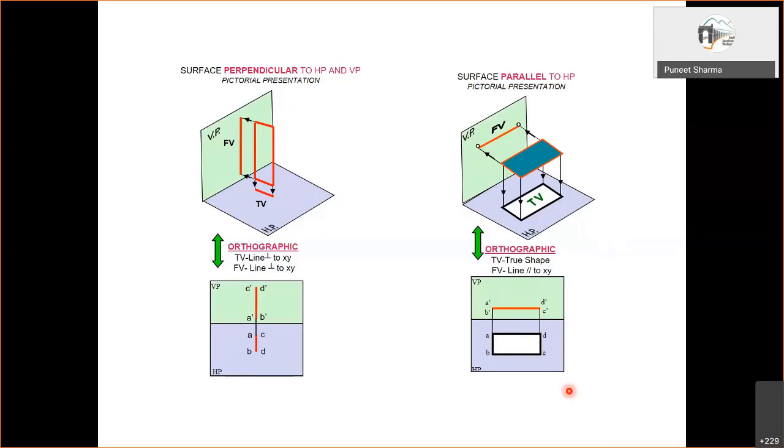Let us have a look at the next slide also, then we'll talk about it. Here, these projections have been given in the figures, and here the pictorial representation has been given.